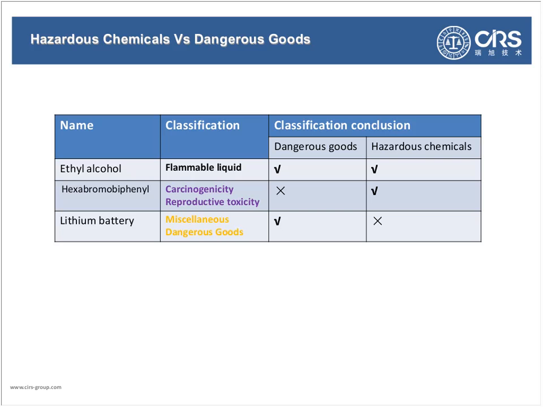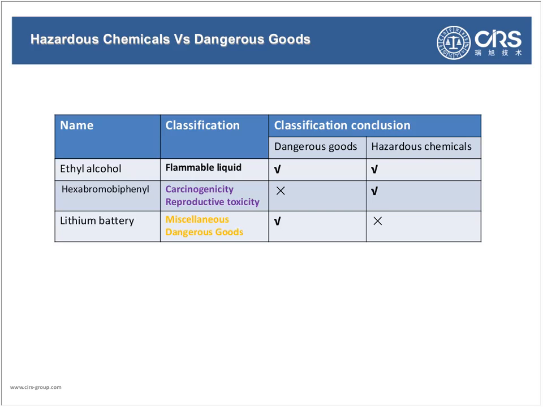The second one, hexabromobisphenol, has the classifications of carcinogenicity and reproductive toxicity, which are long-term classifications and are not indicated in TDG classification. So this chemical is not dangerous goods, but since it has a GHS classification, we can regard it as a hazardous chemical in China.